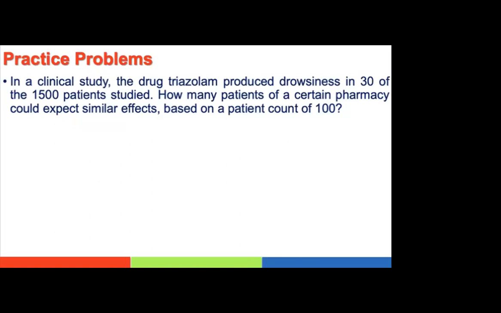So the answer is 2 patients. What if your answer is 2.3? What will be your final answer, 2 or 3? Can 2.3 patients experience it? Half a person, a manananggal? So you round it off to 3 when it is people. But when it is tablets, for example 2.3 tablets, you round it down. So it depends. The answer here is 2 patients.